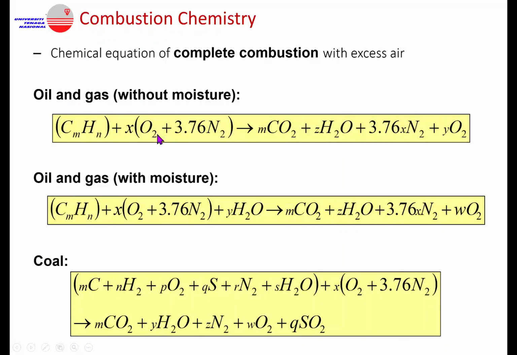Air consists of oxygen plus 3.76 nitrogen. This is a standard equation that we use for air, to indicate that in reality air consists of 79% nitrogen and 21% oxygen.